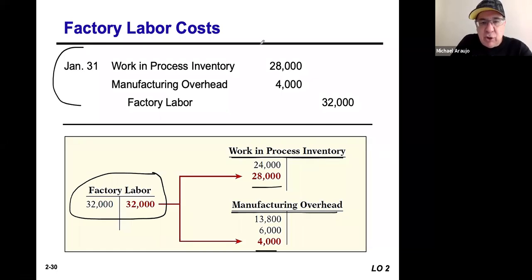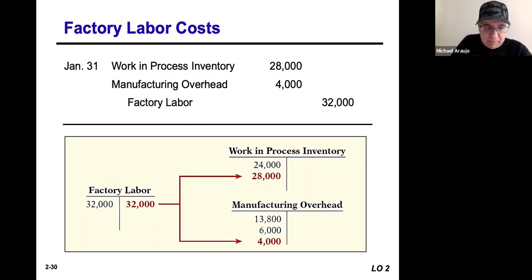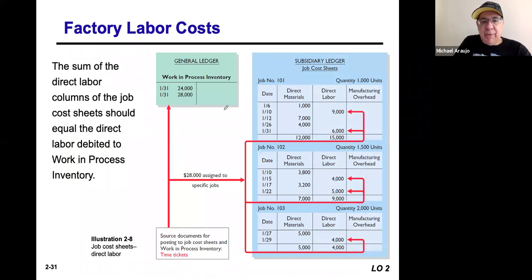So this is showing the work in process inventory with additional labor and manufacturing overhead with indirect labor. How this looks on a broader scale, this is on the bottom of page 56. Notice that the $28,000 we just assigned to work in process inventory is about labor.